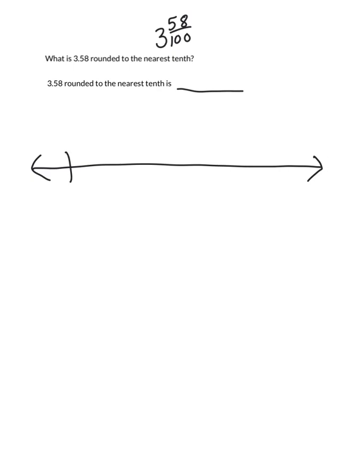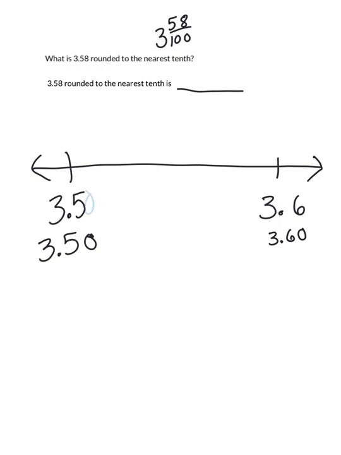So I'm going to put it in between 3 and 5/10, which is the same as 3 and 50/100. They have the same value. And 3 and 6/10, which is the same as 3 and 60/100. They have the same value. I can put a 0 on the end of these numbers and it will not change the value of those numbers.